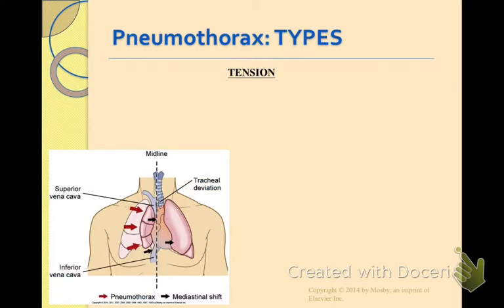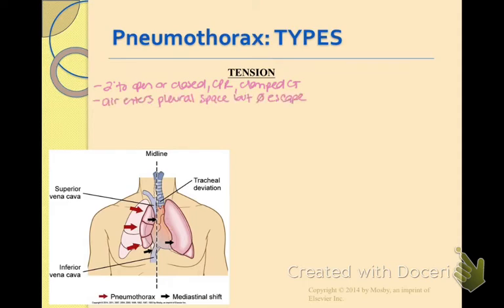All right. A tension pneumothorax. So these can be kind of scary, and they can be caused by all the different types we've talked about. By an open pneumothorax, a closed pneumothorax. It can be caused by CPR. It can be caused by clamping a chest tube, which we're going to talk about in just a second.